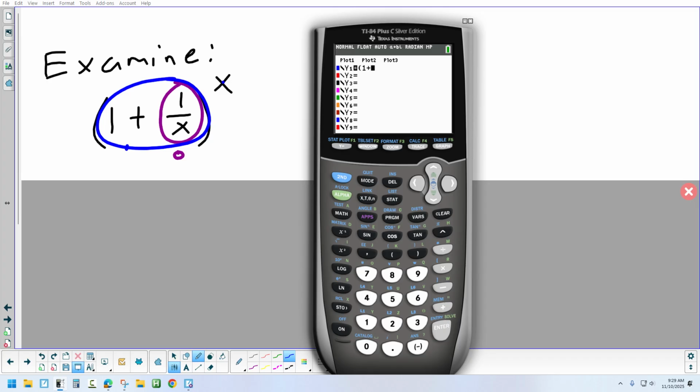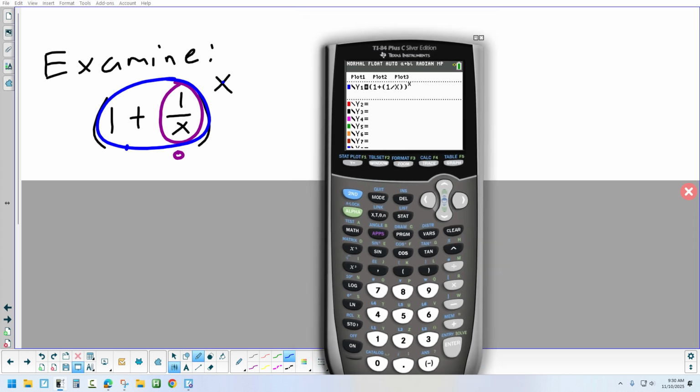So we have 1 plus 1 over x, raised to the x. Well, we definitely have a discontinuity at 0, because if you try to plug in 0, you'd be dividing by 0. And if you go to your table and you plug in a number like 0.01, you do get a value, so you can check a value very close to it, but it's not dropping down forever.